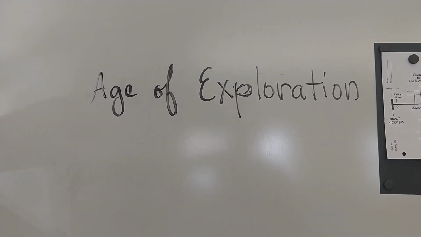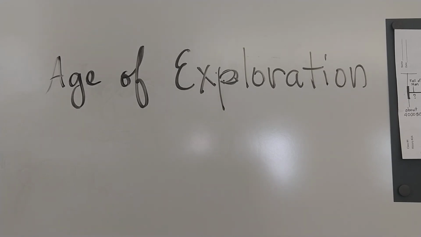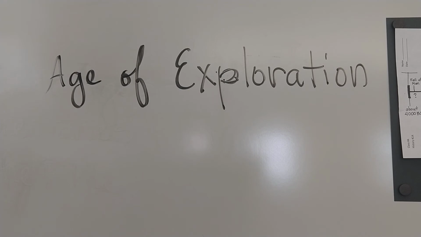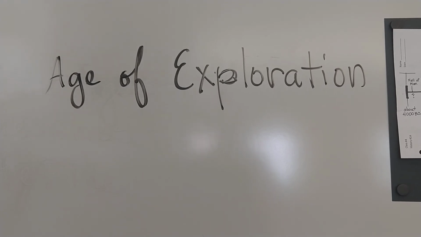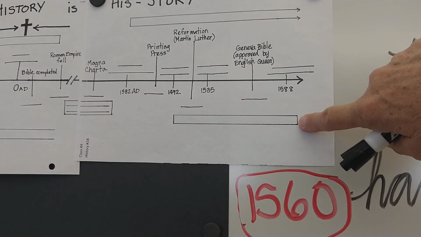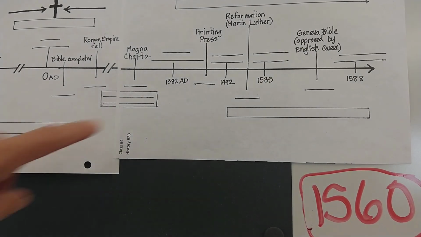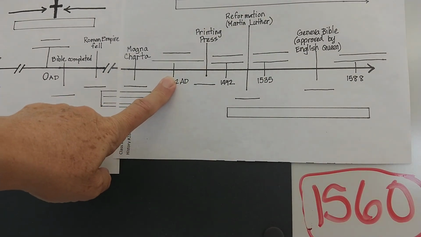underneath the Bibles and things. So while God was providing the Bible for the people, the new world was being discovered. So Age of Exploration goes in this box right here. Until we had the Bible for the people to read, God kept the new world hidden.